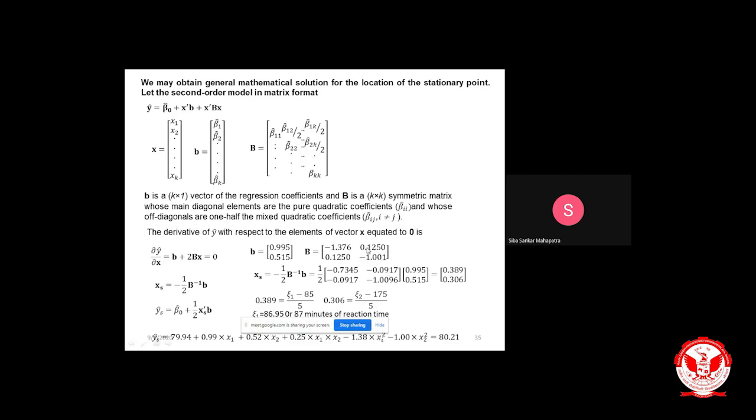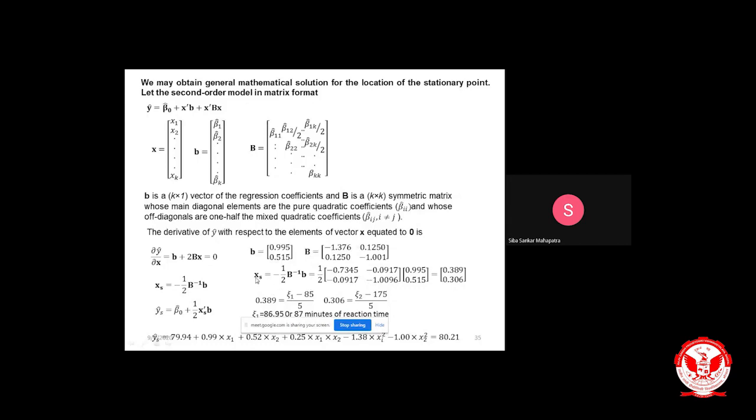And the off-diagonals are half of the multiplicative term x1 x2, that is 0.125. So the small b and capital B we found out.